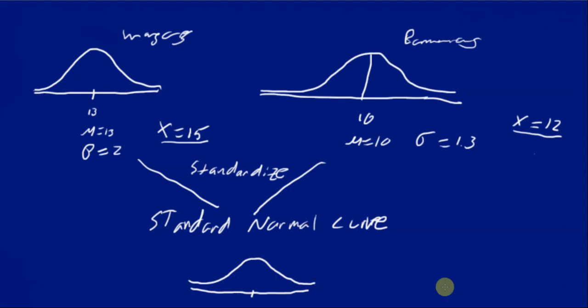And in a standard normal curve, the mean will always equal 0, and the standard deviation will always equal 1. And that gives us our standard normal curve, and you've seen this picture before. These, of course, are negatives.